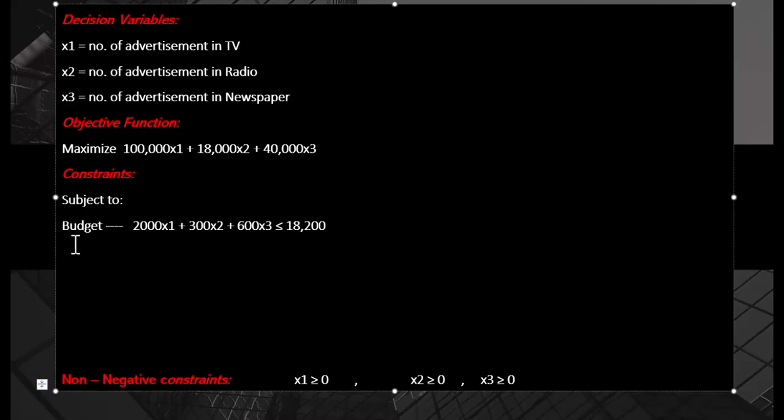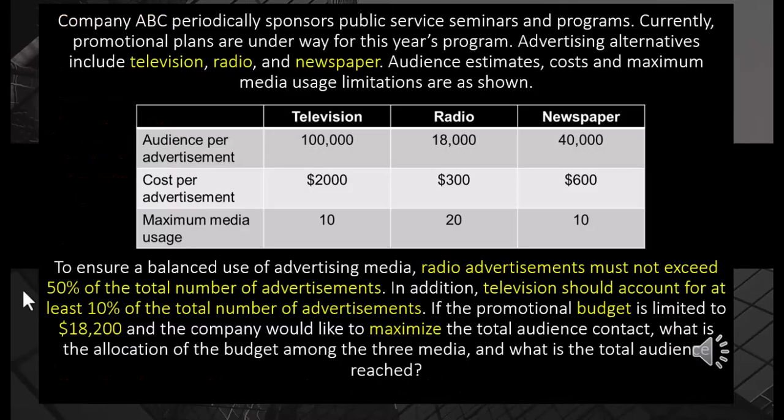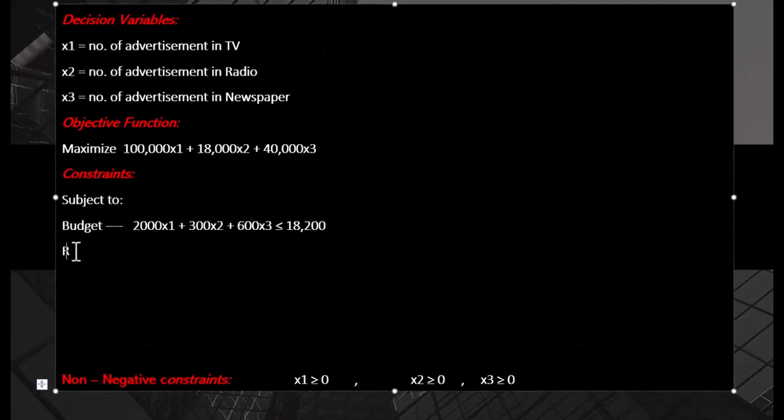The next one says that radio advertisements must not exceed 50% of the total number of advertisements. We are not sure of our total number of advertisements yet, so we can simply write radio ads as x2, and the constraint would be x2 less than or equal to 0.5 of the total advertisements. We can write it like this because we are not aware of the total advertisements yet.